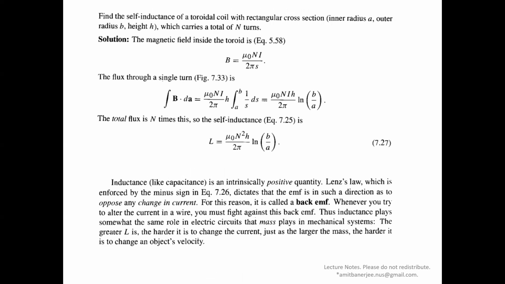So if we do another mathematical problem, where we find the self-inductance of a toroidal coil with rectangular cross section, with inner radius a, outer radius b, and height h, which carries a total of N turns, then we know the magnetic field inside the toroid, and from the equations that we did earlier, we can calculate the self-inductance from this one.